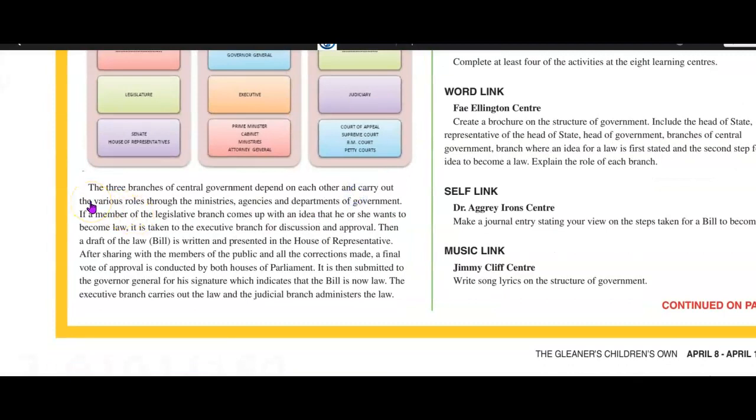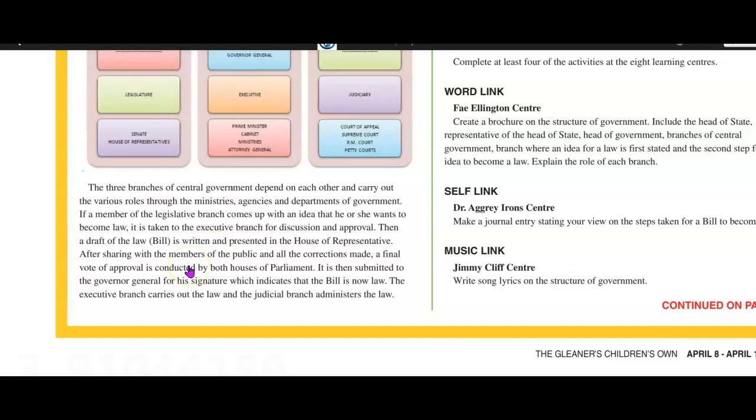The 3 branches of central government depend on each other and carry out the various roles through the ministries, agencies, and departments of government. If a member of the legislative branch comes up with an idea that he or she wants to become a law, it is taken to the executive branch for discussion and approval. Then a draft of the law, which is called a bill, is written and presented to the House of Representatives.